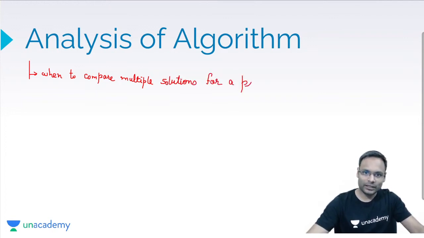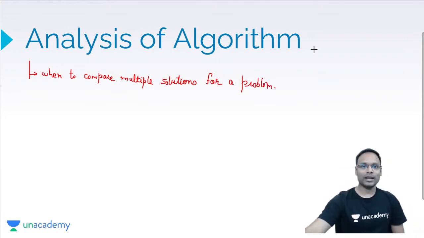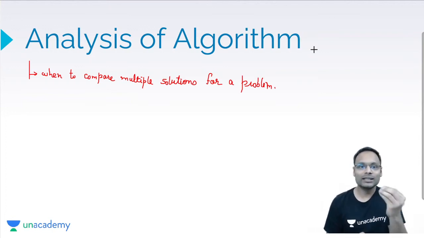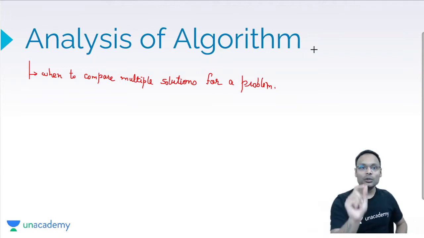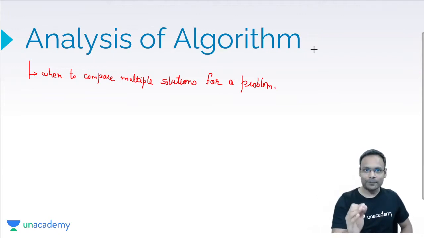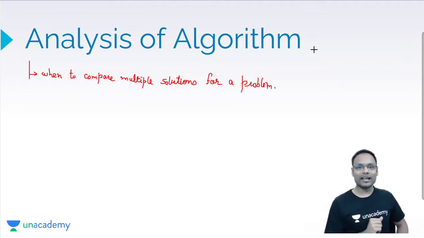So if you have written multiple algorithms for a single problem and you want to compare which one is better in what terms, then you need to analyze the algorithm. And this is the way to go ahead with analysis of algorithm.